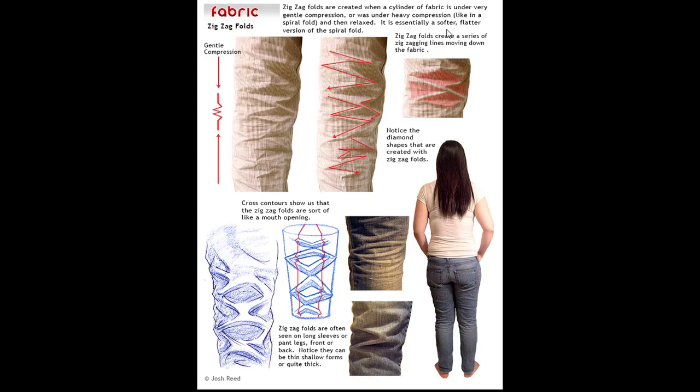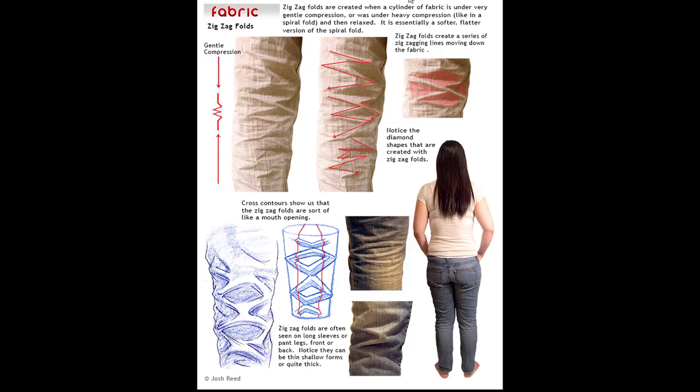So it is essentially a softer, flatter version of the spiral folds. You can see diamond shapes and zigzag lines, basically kind of jade lines. I always draw kind of jade shapes, and then I'll define those folds. That's the fastest way to do these things. And when you do some jades, you'll get this kind of diamond shapes.